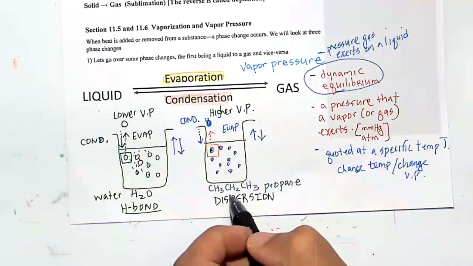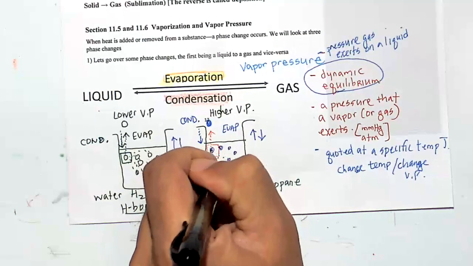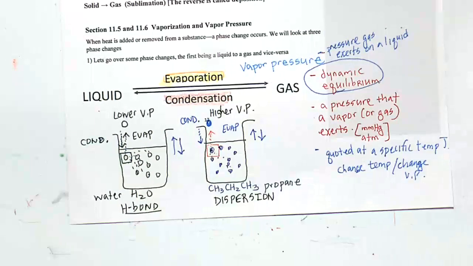Why is this easier to evaporate? Dispersion. Dispersion is weak. It's easier to evaporate because a propane is held together with another propane with dispersion, and another dispersion, which just goes out like this. If you take propane and put it on a surface, by tomorrow it will be gone, because it evaporates.